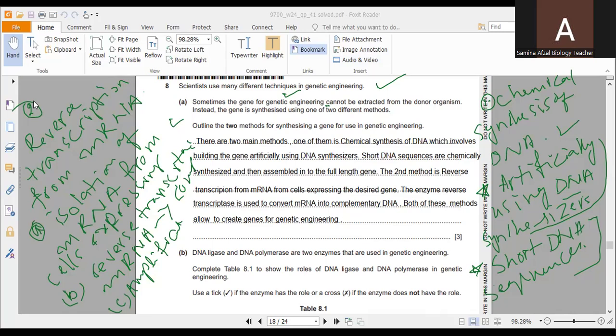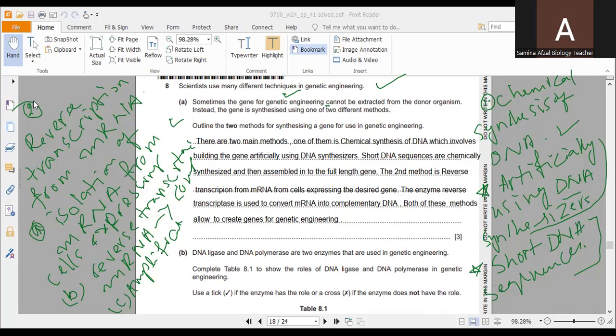In transcription, there is the formation of messenger RNA from the template strand of DNA. But here it will be reverse, as there will be the formation of a DNA strand from messenger RNA. As a result of this reverse transcription, reverse transcriptase enzyme will be used.